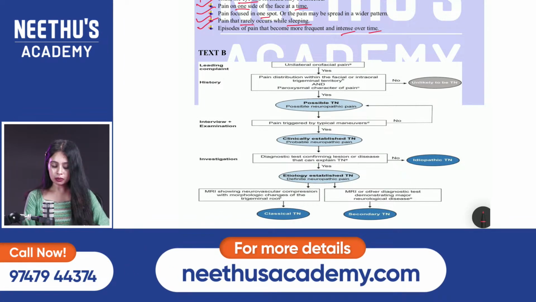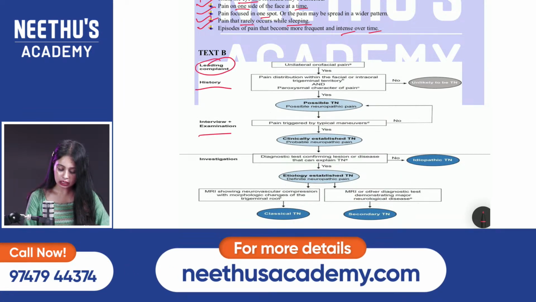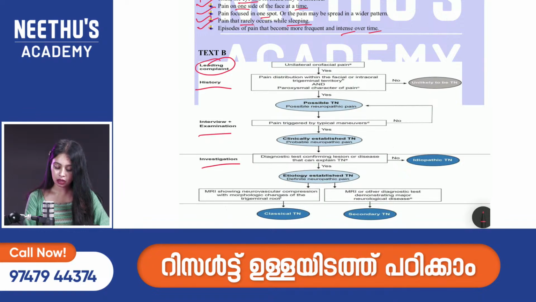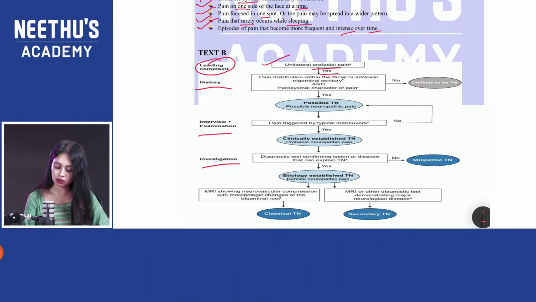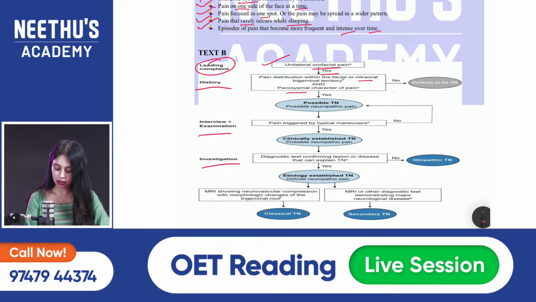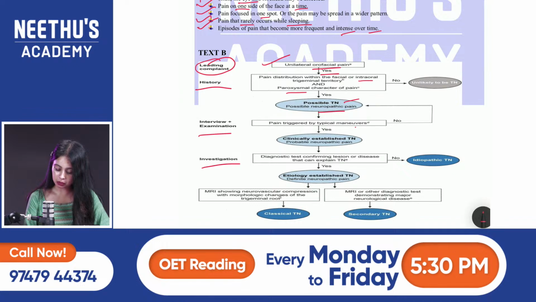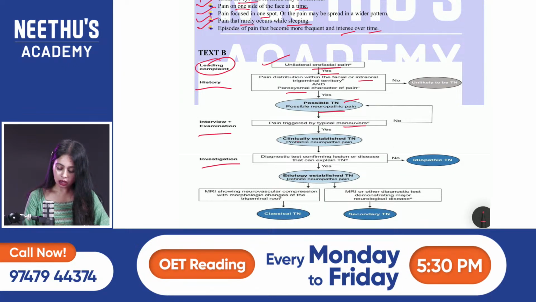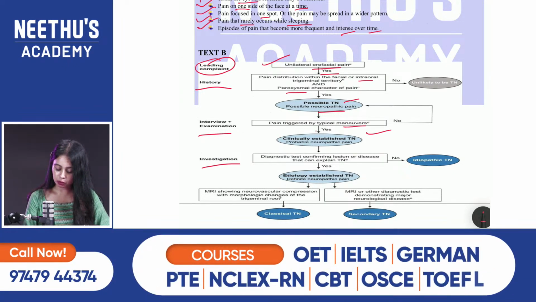Okay, so leading complaint. History. Interview plus examination, investigation. Unilateral orofacial pain. If it is yes, pain distribution within the facial or intraoral trigeminal territory and paroxysmal character of the pain. If it is yes, possible TN, possible neuropathic pain, then pain triggered by typical maneuvers. Clinically established TN is there, probable neuropathic pain.